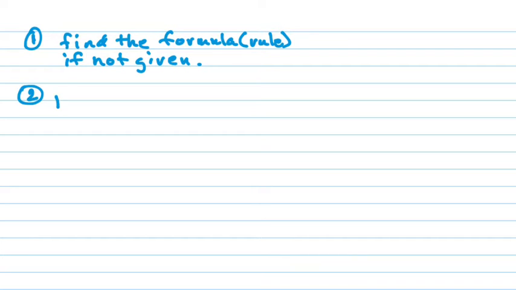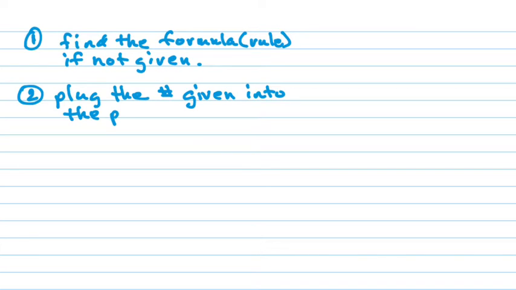Then, plug the number given into the proper place. Now, usually what's going to happen is they're going to give you n, and you just plug that in and work it.